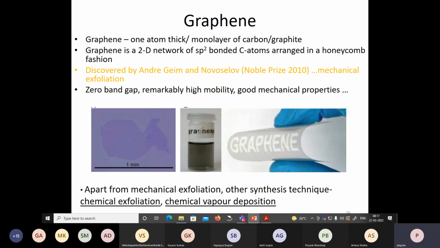So it has remarkably high mobility because, you see, it is a single layer material. The carriers can zip through the material, and you can achieve almost ballistic transport. And it has very good mechanical properties because it is an sp2 hybridized material, and there are different ways to make graphene.